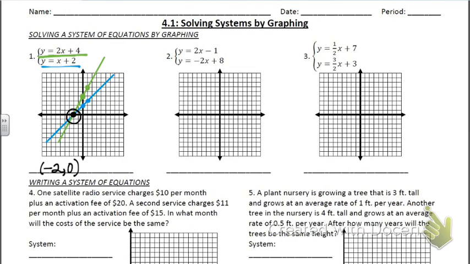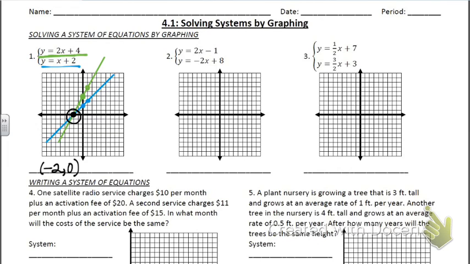But since we're doing some of these by hand, graphing is not always the best way to solve a system, because, as you saw from my own graphing, I knew what the answer was supposed to be. So I knew that it was not crossing in the right place. That's why I really want to encourage you, when you are doing your homework tonight, use some kind of straight edge to make your lines as straight as possible so that you can be as accurate as possible.